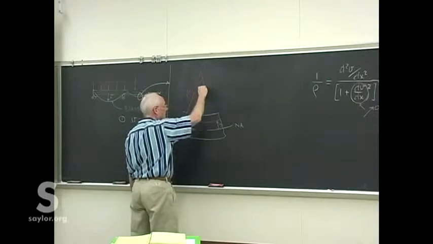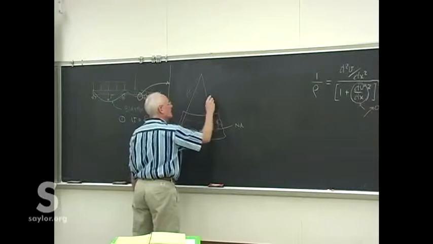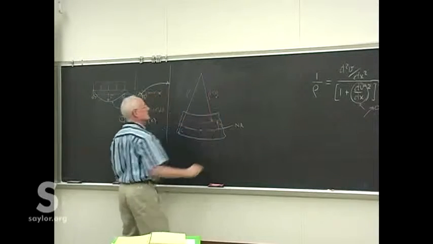So the curvature down to that point is rho minus Y.